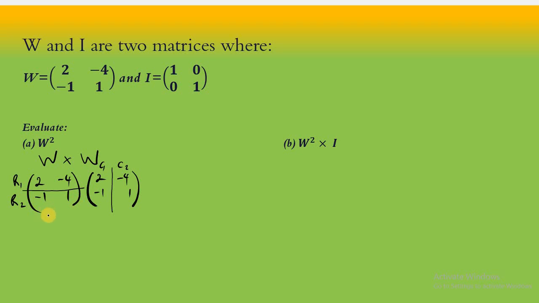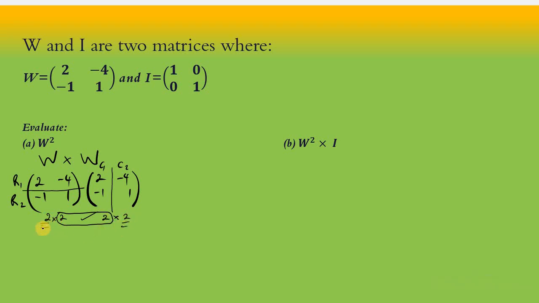Now, bear in mind that this is a 2 by 2 matrix, and this is also a 2 by 2 matrix. How we know that it's possible to multiply these matrices has to do with these two inner numbers. As long as these two numbers are the same, then we say the matrices are conformable for multiplication. In other words, we can multiply them. And the resultant matrix will be a 2 by 2 matrix.